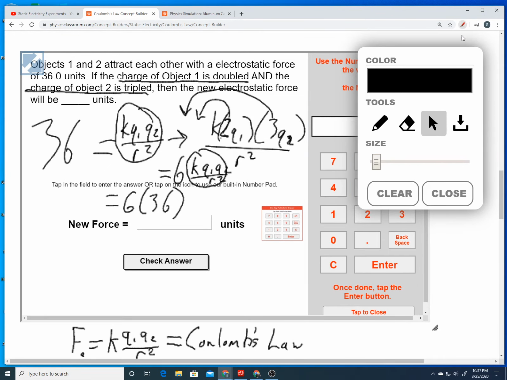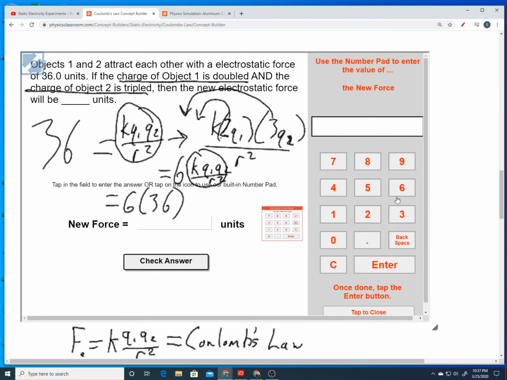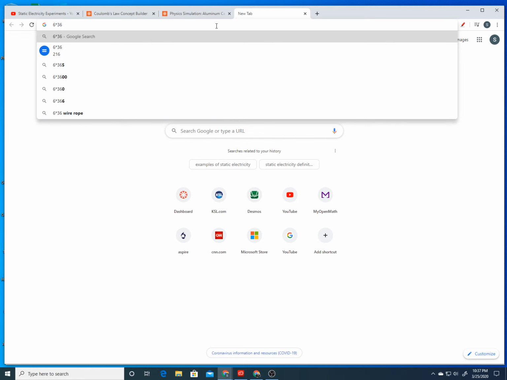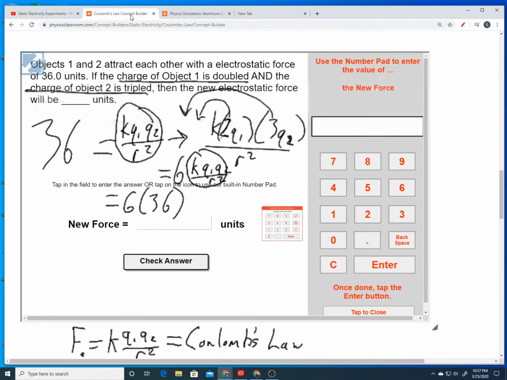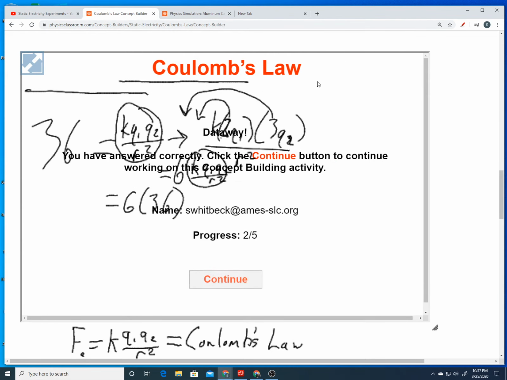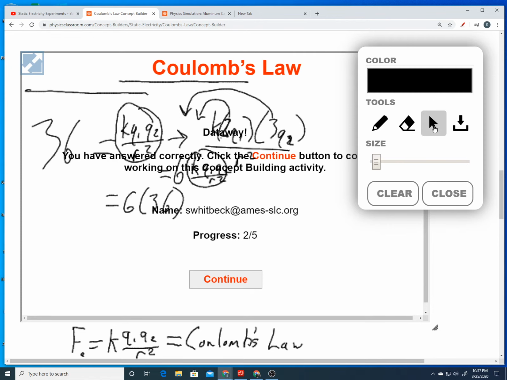So let's try it here. Oh, that's not a calculator. Never mind. Let's try it here. 6 times 36 is 216. And good job us. Good job all around.